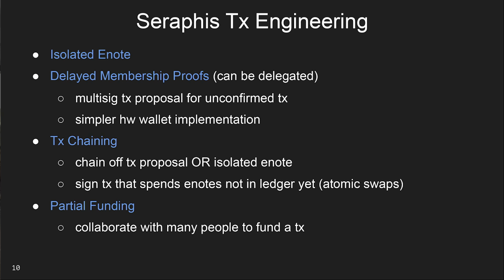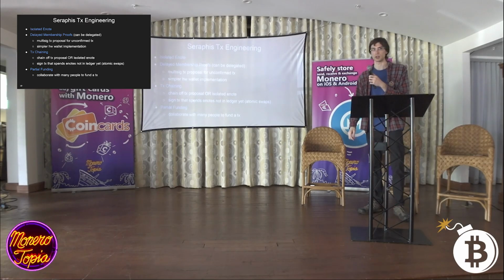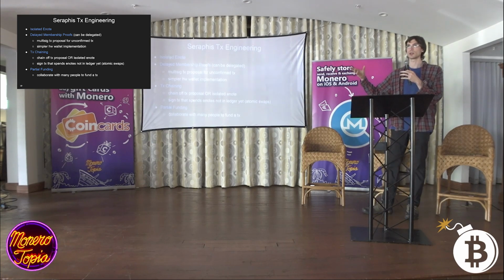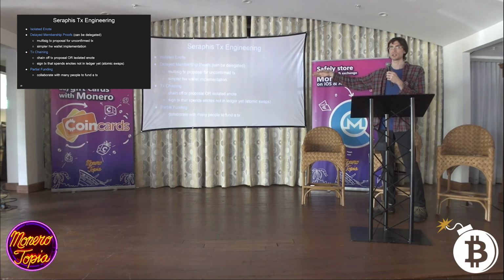So transaction chaining is the really exciting piece here. The idea is that you can chain transactions together with none of them relating to e-notes that are in the ledger yet. Apparently this is exciting for atomic swaps, because the atomic swap protocols are currently incomplete due to the lack of ability to do this kind of transaction chaining.